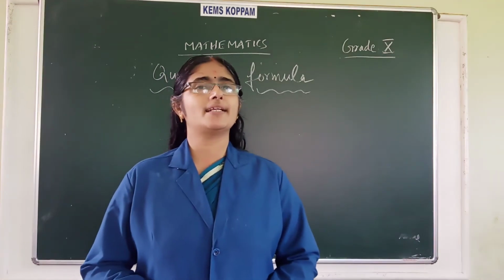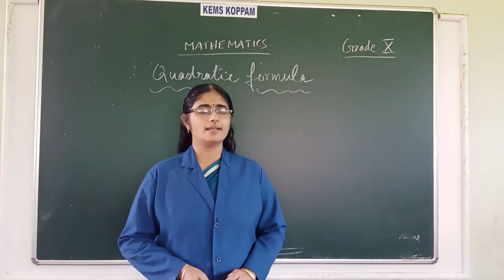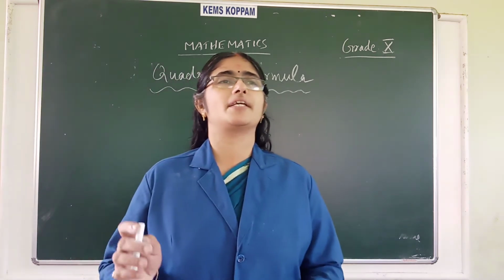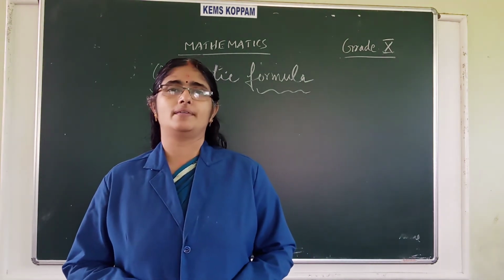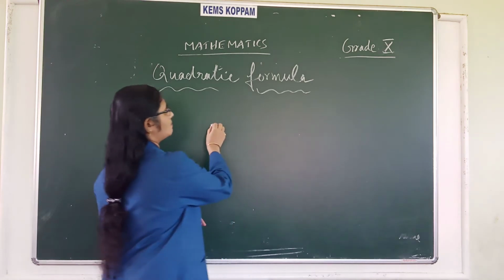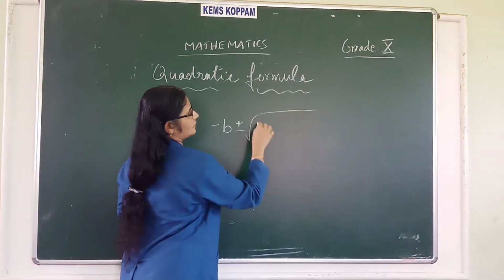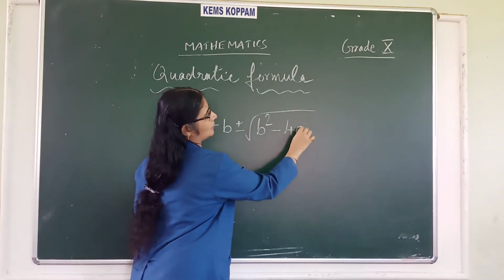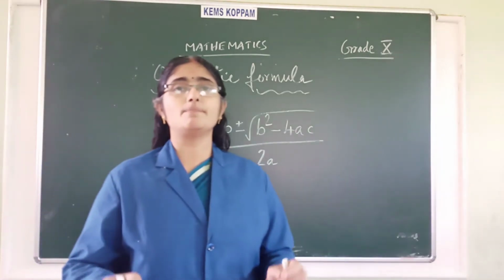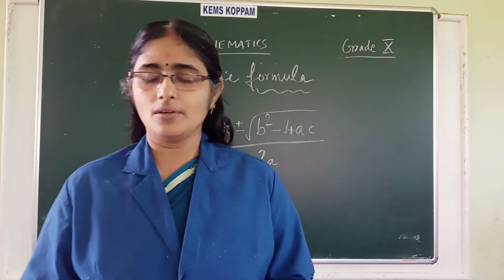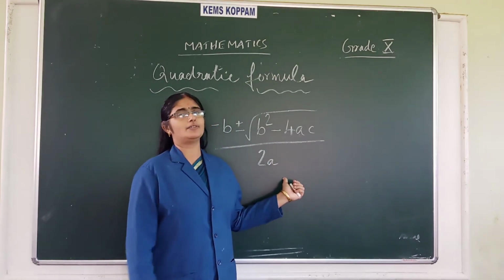If the value of b square minus 4ac is greater than 0, then we can apply the quadratic formula: negative b plus or minus root of b square minus 4ac, divided by 2a.